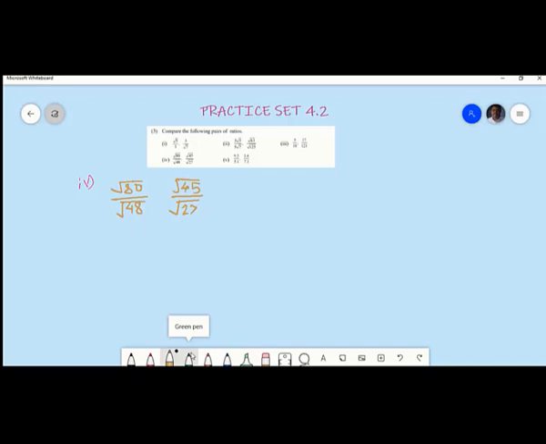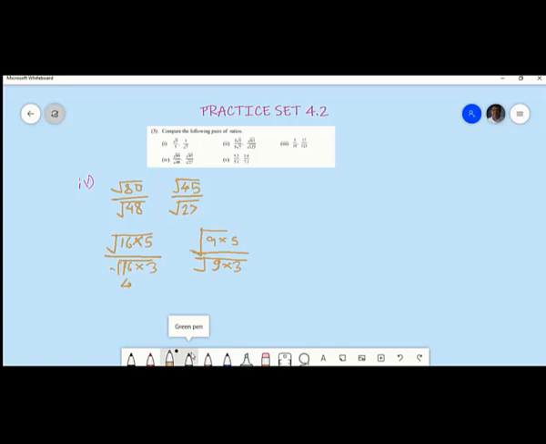Root 80 is 16 table, 16 fives are 80 and 16 threes are 48. 45 is 9 table, 9 fives are 45 and 9 threes are 27.